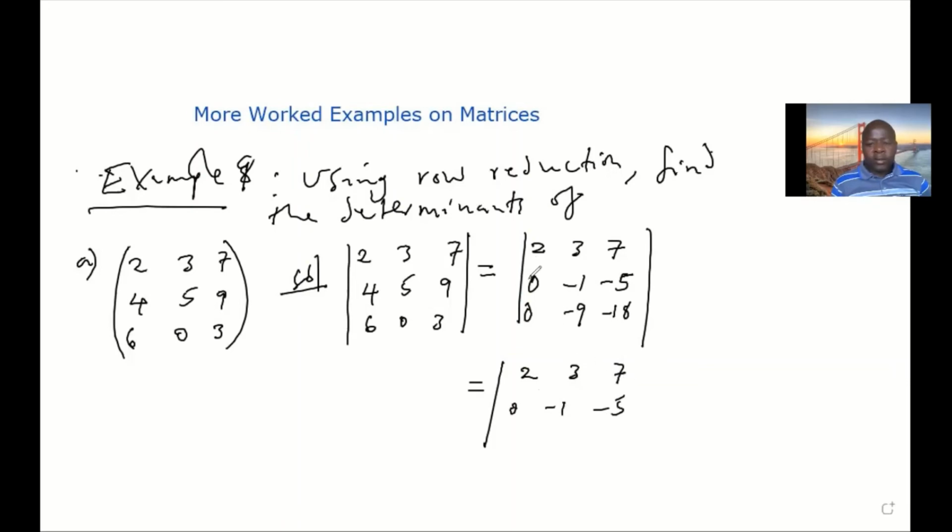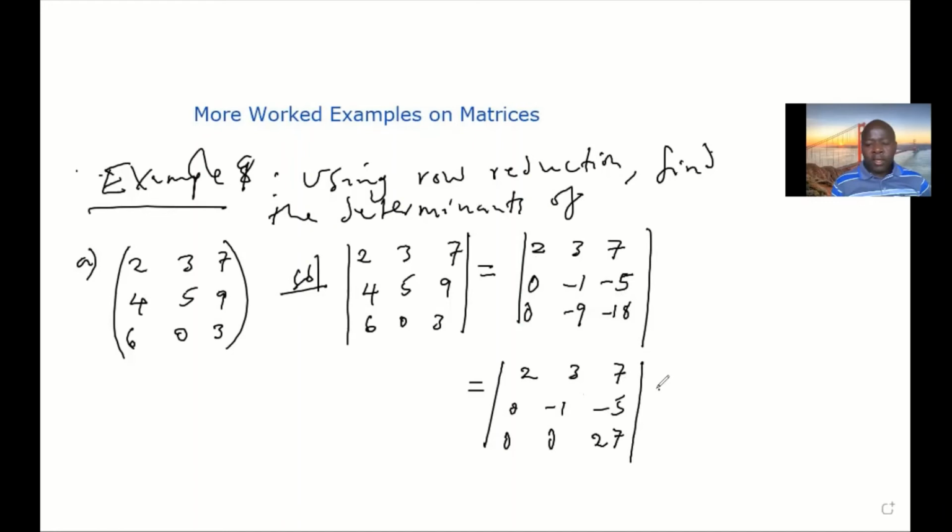Now 0 times negative 9 plus 0 will be 0. Negative 1 times negative 9 will be positive 9. Add it to negative 9 and that gives me 0. Negative 5 times negative 9 will be positive 45. Add it to negative 18 and that gives us 27.